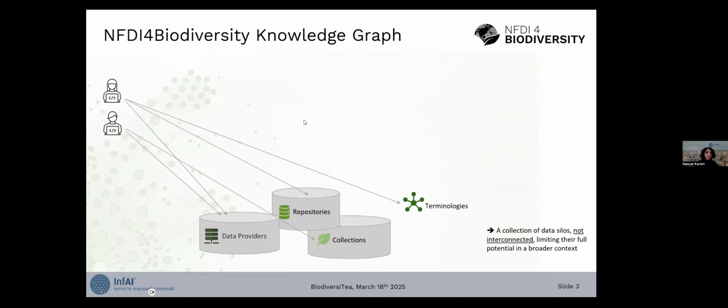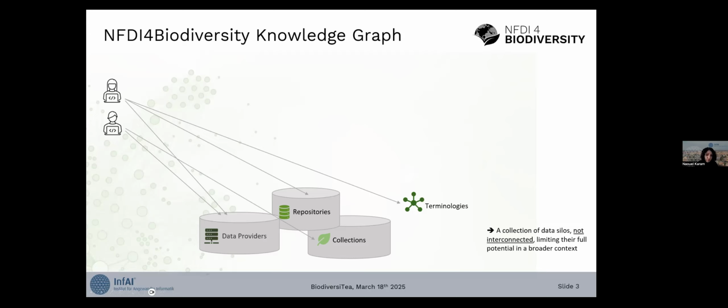So for the NFDI4Biodiversity knowledge graph, what do we have? Basically, we have a collection of data silos that are not interconnected. For instance, data providers, repositories, or collections. And also a set of terminologies, taxonomies, and so on. Those are not interconnected, which limits their full potential in a broader context.